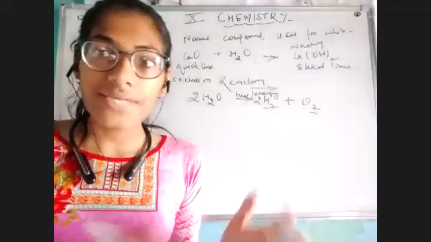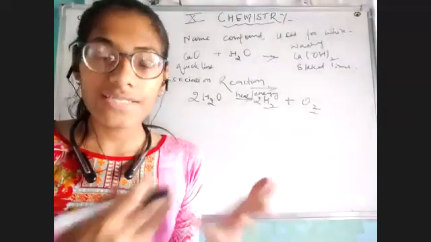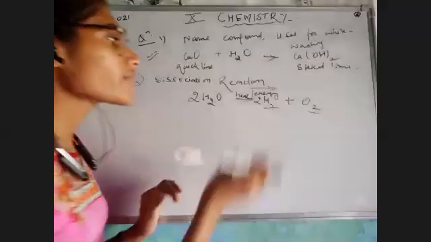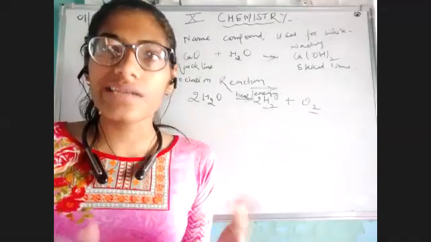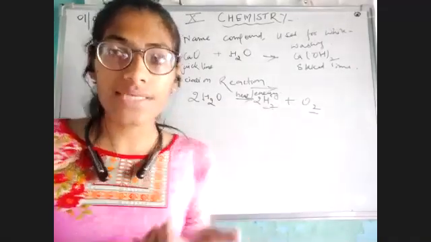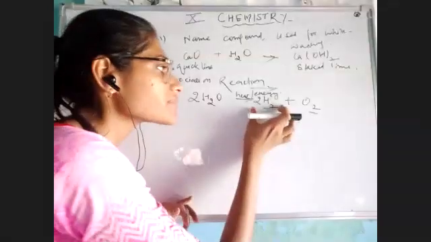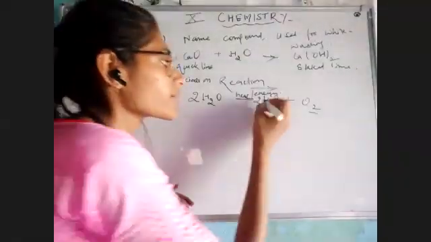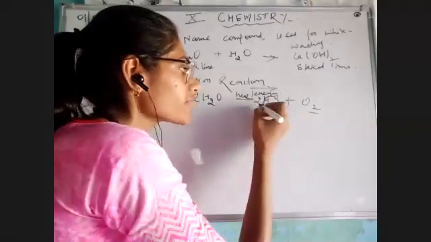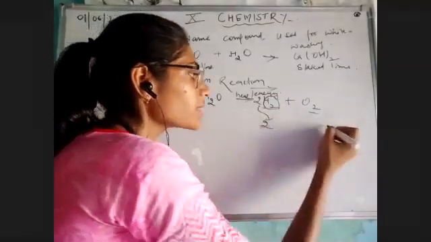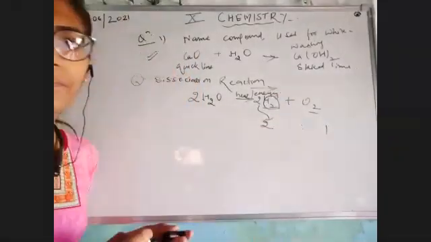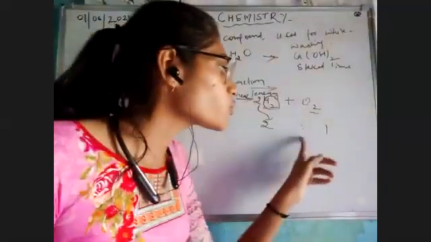So this is the second question, which is an example of dissociation reaction. Now in this reaction, when the reaction has been completed, what is happening? H2 is almost in double the quantity as compared to oxygen. That means they are in the ratio of 2:1.